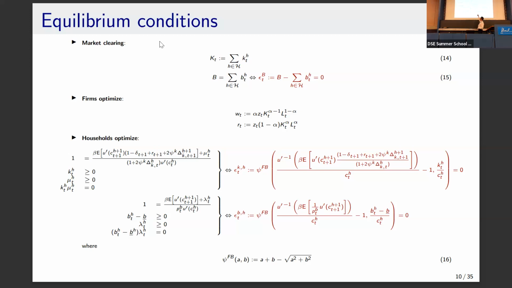So we can encode for each age group the equilibrium condition for each asset as one equality constraint. That's just the nature of the Fischer-Burmeister equation. So the equilibrium conditions are market clearing, firm optimization, and then 2 times 31 optimality conditions for the asset choice.